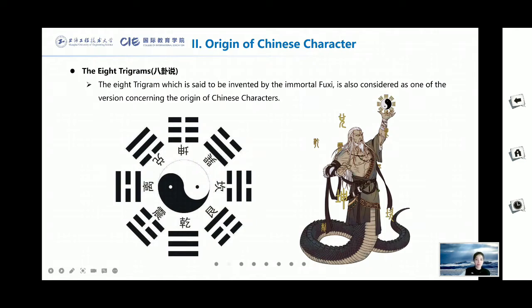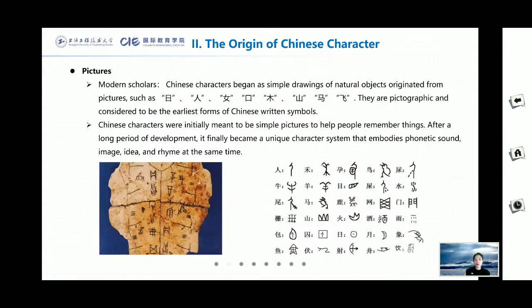And the third origin is from pictures. Modern scholars believe that Chinese characters began as simple drawings of natural objects, originating from pictures such as 日、人、女、口、木、山、马、飞.